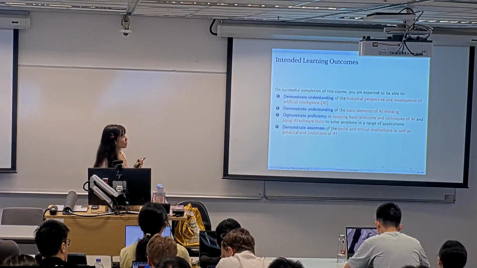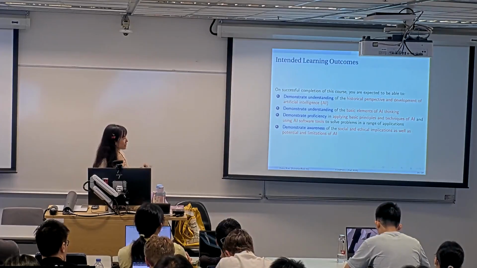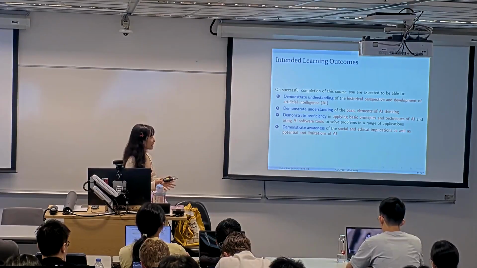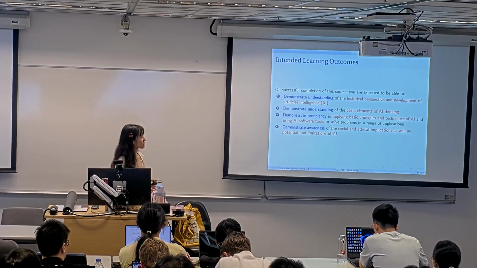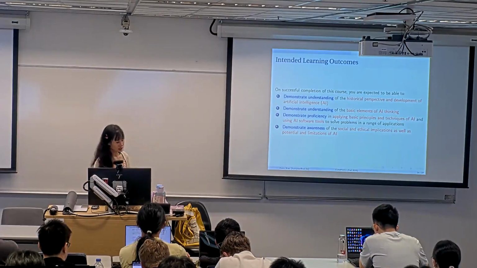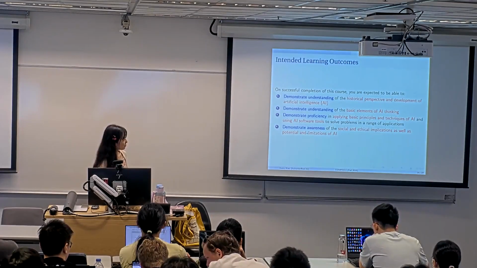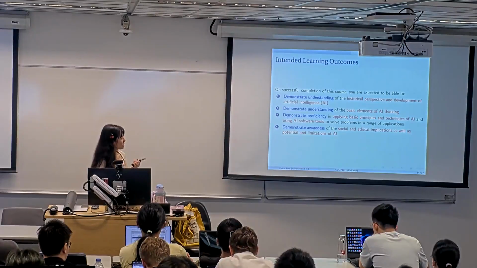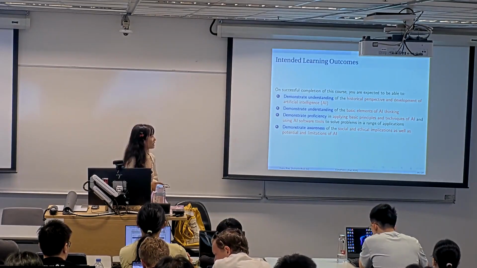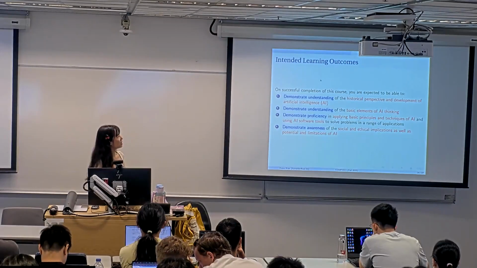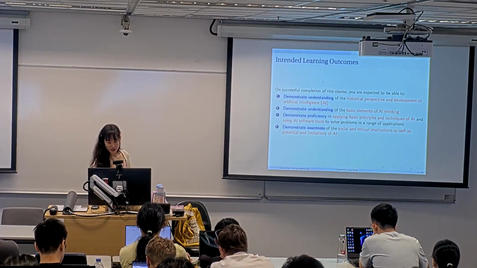Then demonstrate proficiency in applying some basic principles and techniques of AI, and also use the AI software tools to solve problems in a range of applications. Yeah, I think someone also mentioned this expectation just now. And last but not least, demonstrate your awareness of the social and ethical implications, as well as potential and limitations of AI. This will be the intended learning outcomes.